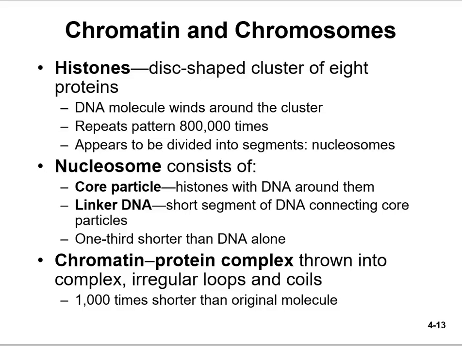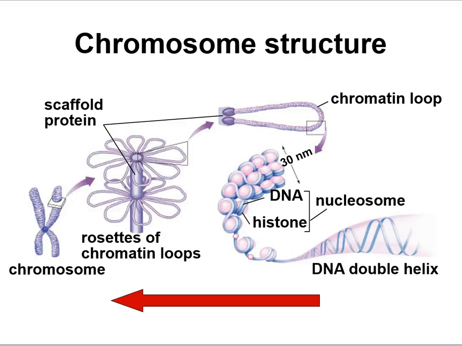By coiling up nice and tight, like you see here, into these little rosettes, we can shorten DNA up and make it fit into the chromosomes of cells. We can also get it more organized this way, so that when the cell divides, exactly half is going to go to each daughter cell. Each daughter cell is going to get a copy.